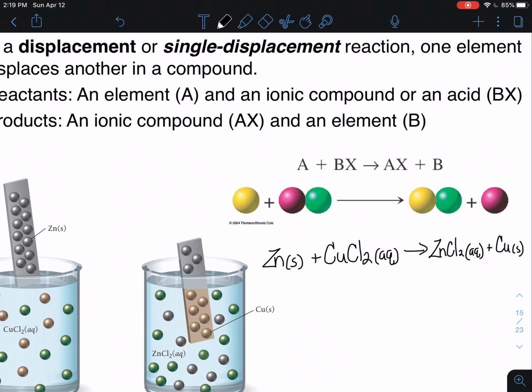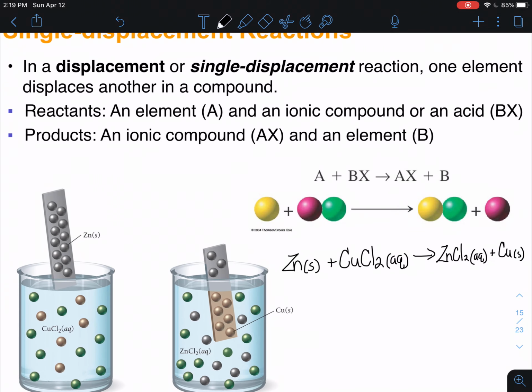All right, so swapping partners, or we can say A, in the form of zinc, displacing B, which is copper, all right? So oftentimes the reactant is an element A just by itself, and an ionic compound, or an acid, B. This is an ionic compound, it's not an acid, to form an ionic compound again and an element.